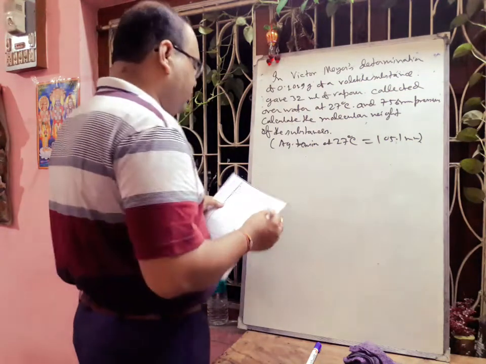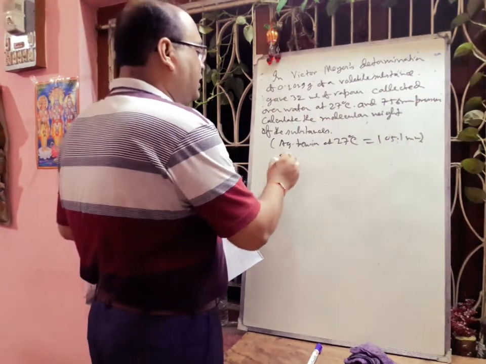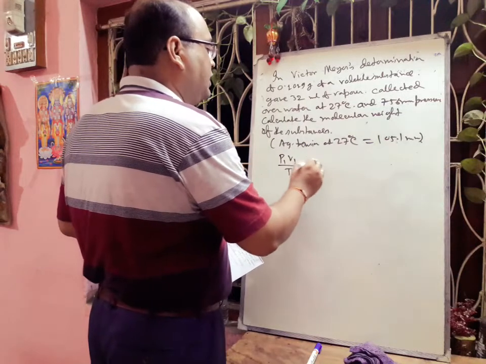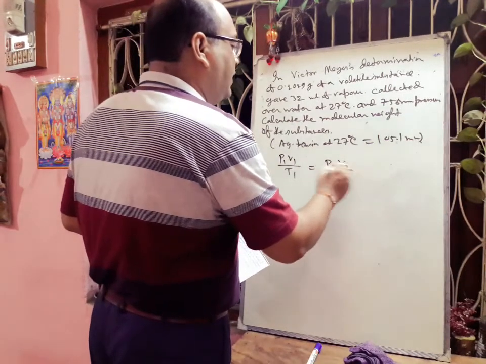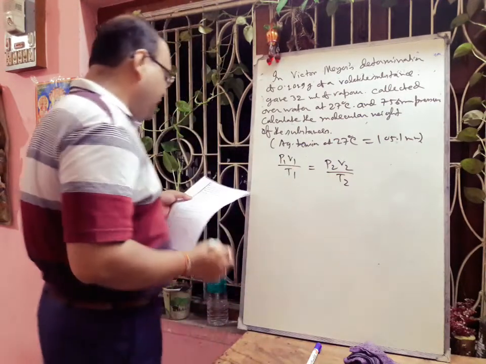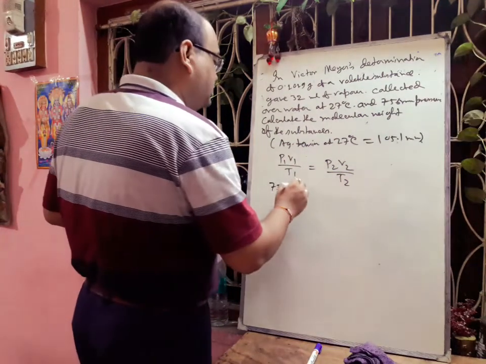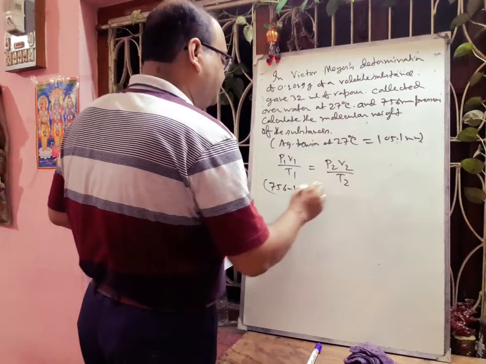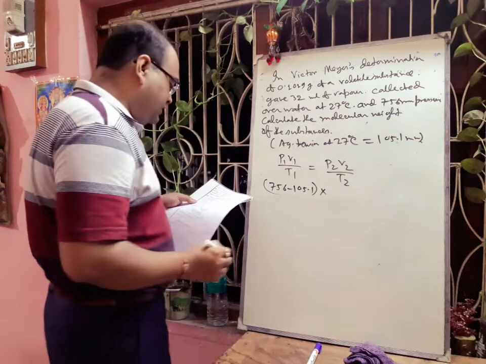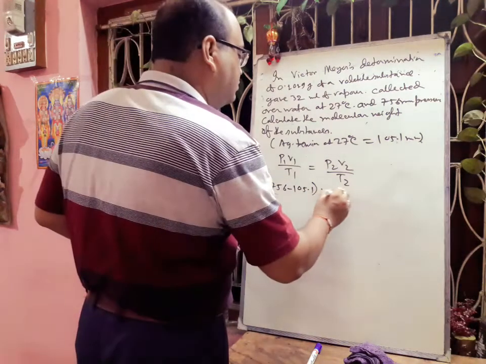So here we will apply the formula, that is P1V1 by T1 is equal to P2V2 by T2. So P1 will be here 756 minus 105.1 and volume is given here, that is 32.